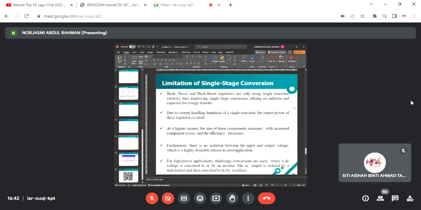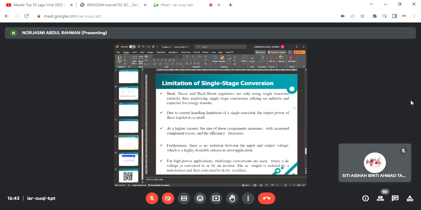This converter has no isolation between the input and output voltage, which is quite a disadvantage. What is the isolation? The isolation means that the input side and the output side have some sort of electrical isolation. Usually, the electrical isolation is provided by a transformer.